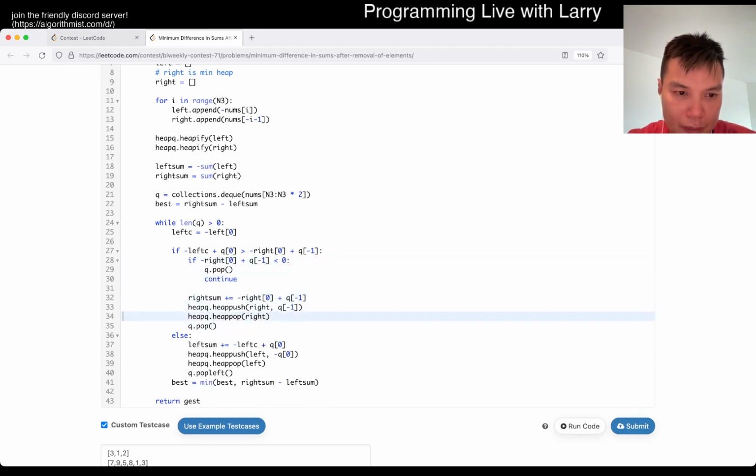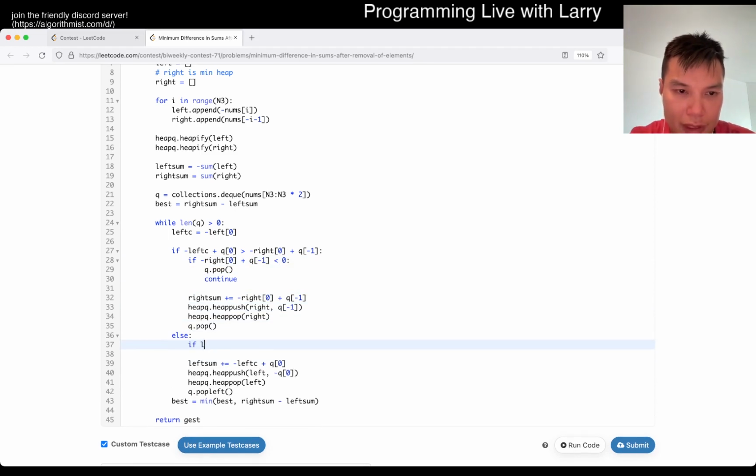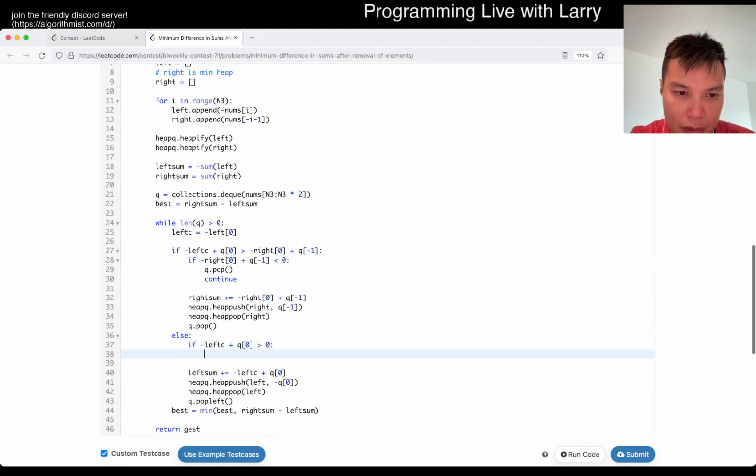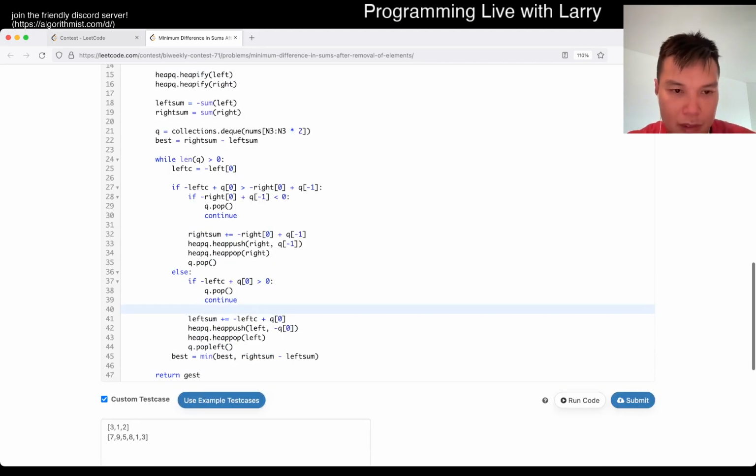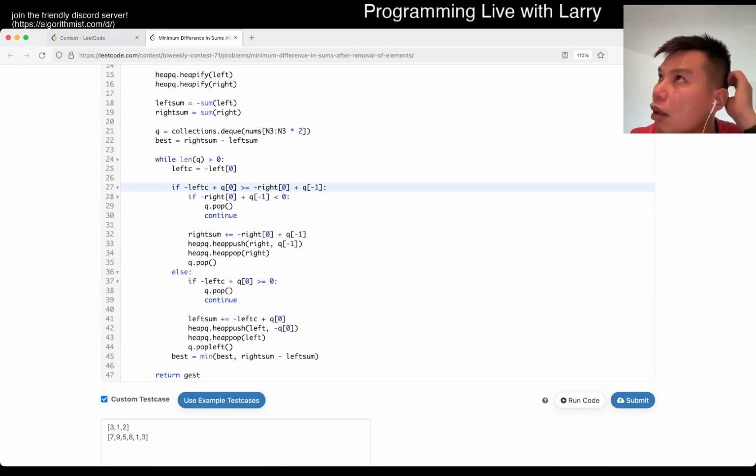And if this is positive, then we also pop without caring, because if it's positive, we don't have to do it. Also, is that true though? Yeah, no, we can skip that.